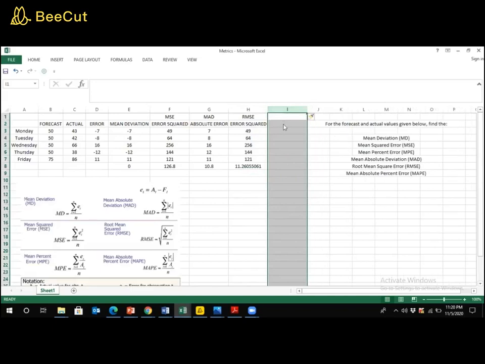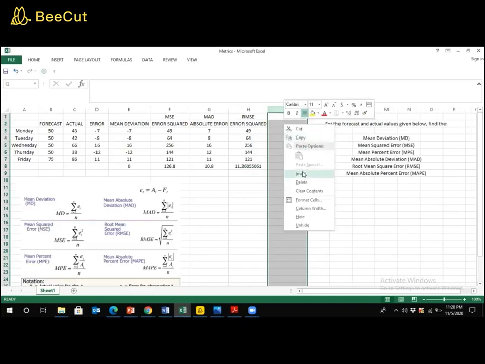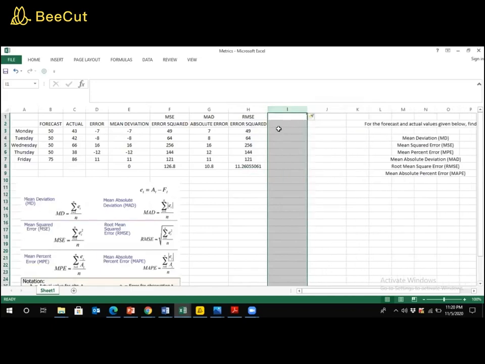Okay, next up, I'm now going to calculate the mean percent error, or the MPE. And this is a little bit complicated because if we look at the formula, it's the summation of the error over actual, and you have to divide it by n.